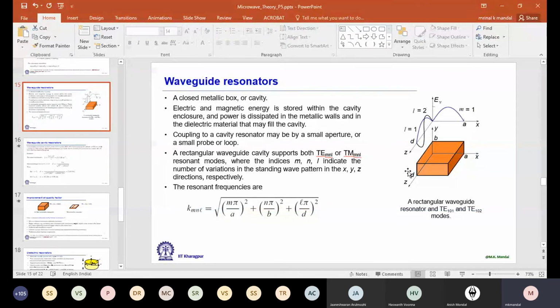So it also depends on this dimension, so it is not simply equal to lambda g by 2.